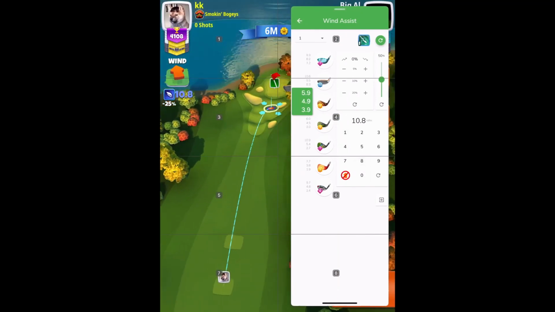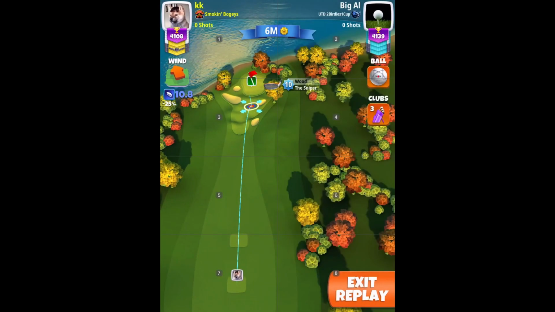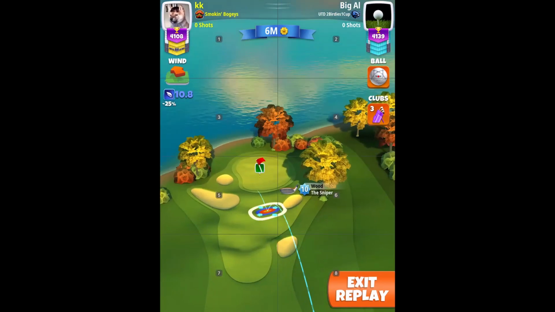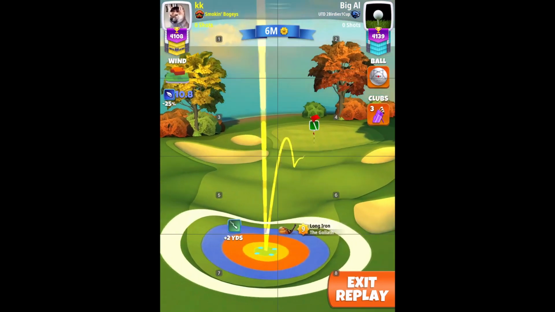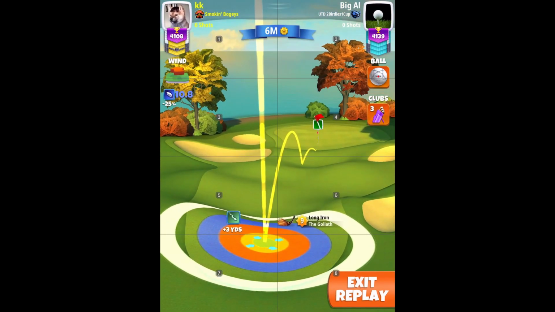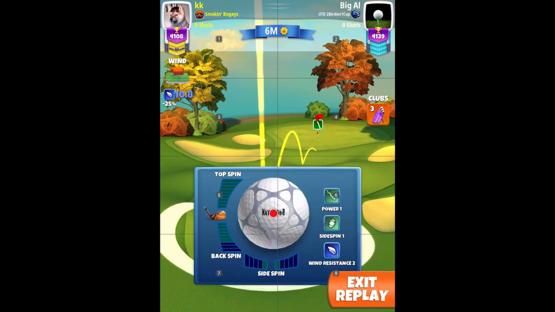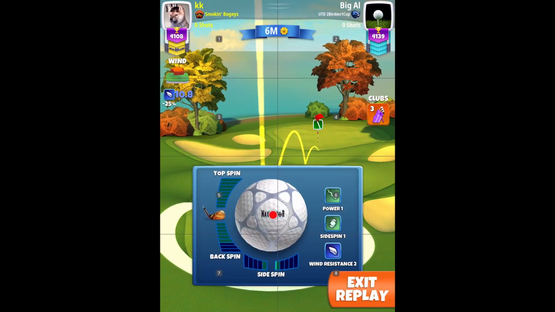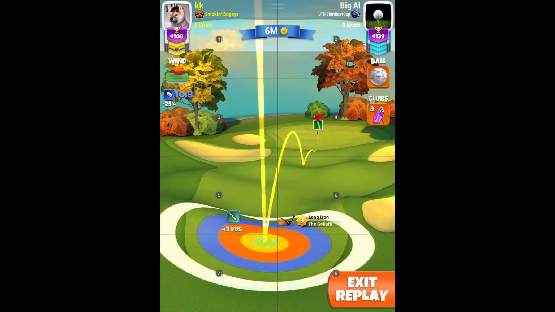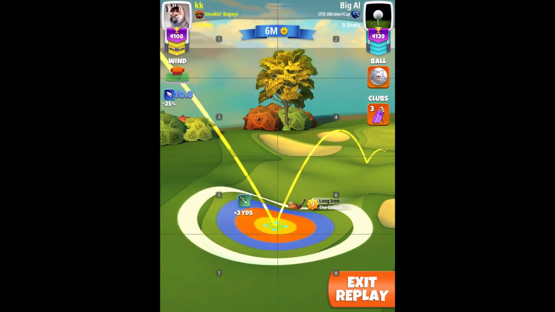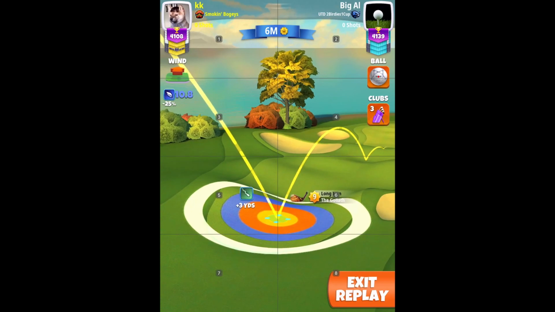This one is way more of a tailwind angle. So I'm just going to set up in the middle like I usually do. And I'm going to do a little bit of backspin, because sometimes you get that bad bounce on the fringe where it just speed rolls through the green. So I'm trying to prevent that here.